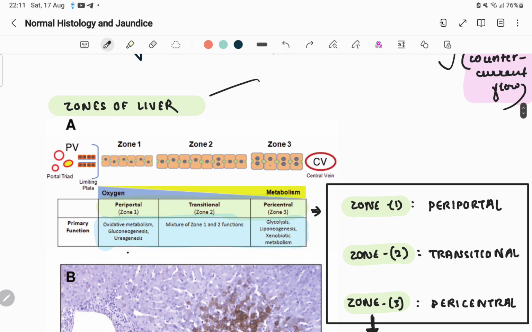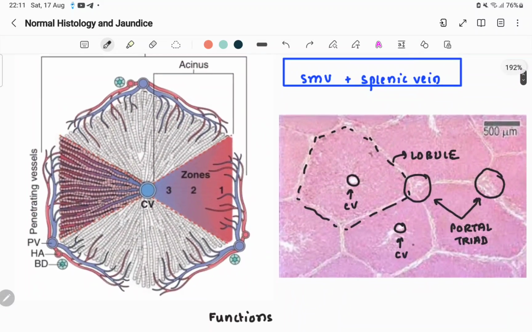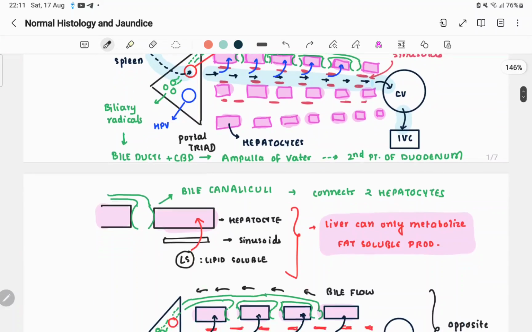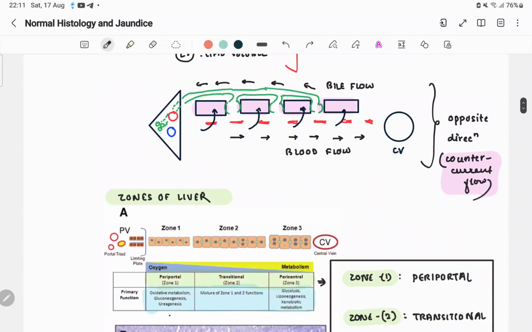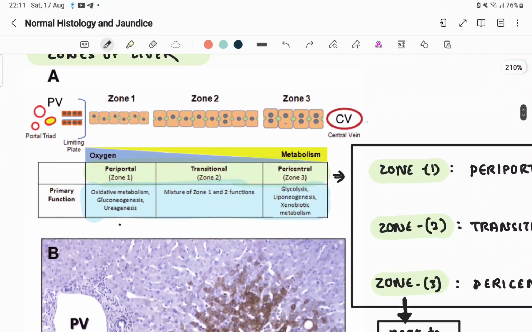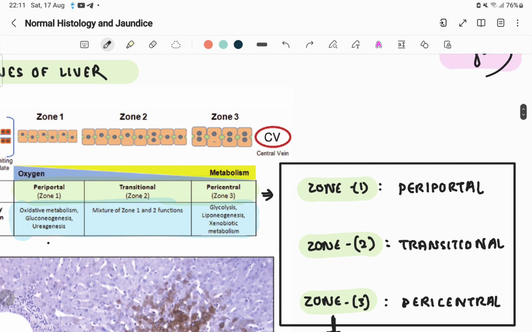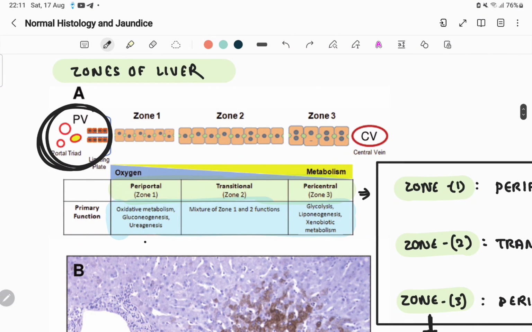What are the zones of the liver and how are they categorized? We saw here in the sinusoid, zones 1, 2 and 3 are present. So now we'll talk about the zones in detail. Okay, look at this. The central vein is here, and the portal triad is here.